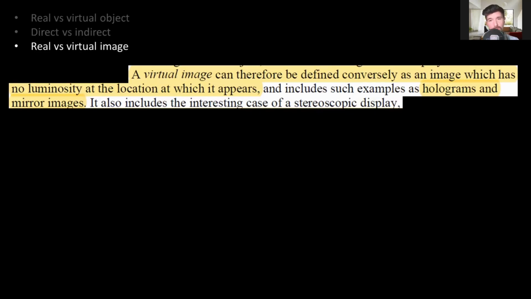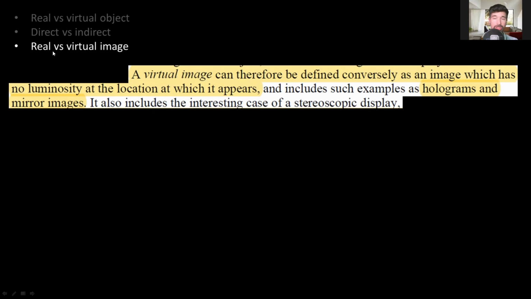So it also includes stereoscopic display, which means that you can take a look at two real images, one with each eye, and then create a virtual image in your head, which is 3D. That's also something that's important to discuss here. So a real image is an image you see on a display or a monitor or a head-mounted display or whatever.